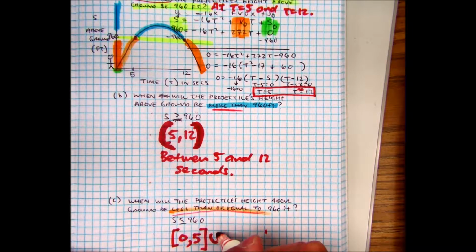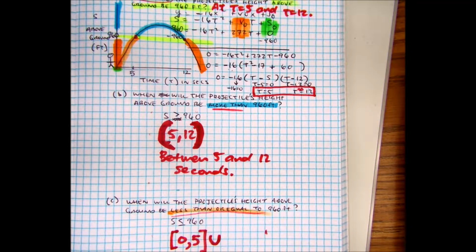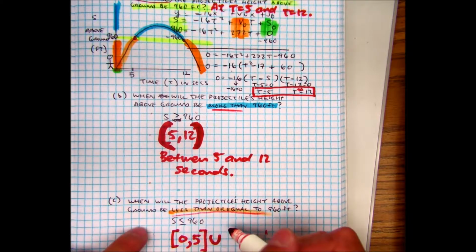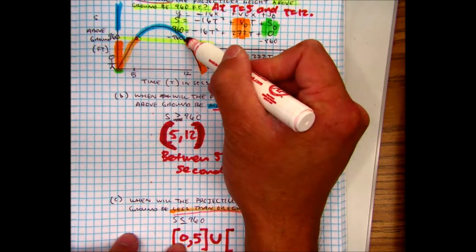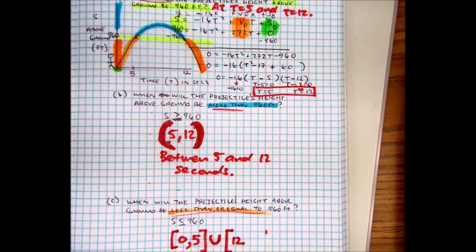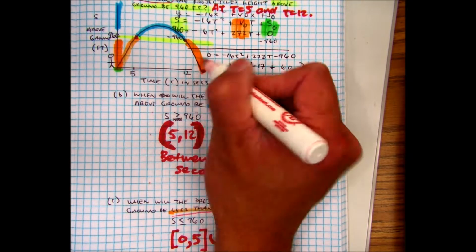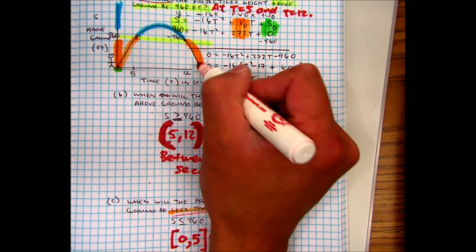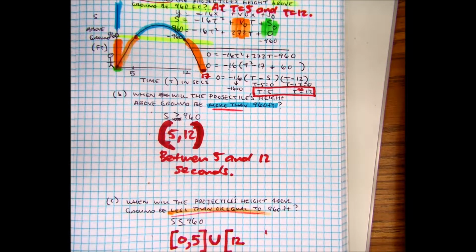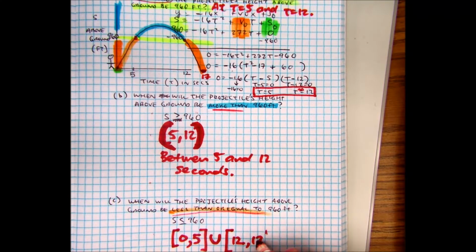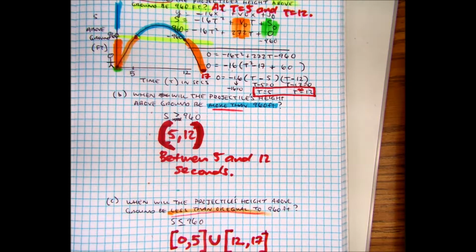We're going to have a U, because we're looking for less than. To where? 12 to, actually, we didn't calculate it. You can figure out the x-intercepts to be the origin, x equals 0 and x equals 17, right? You could use quadratic formula and you'll get 17. So between the times of 0 and 5, it's less than 960 feet, and then between the times of 12 and 17.